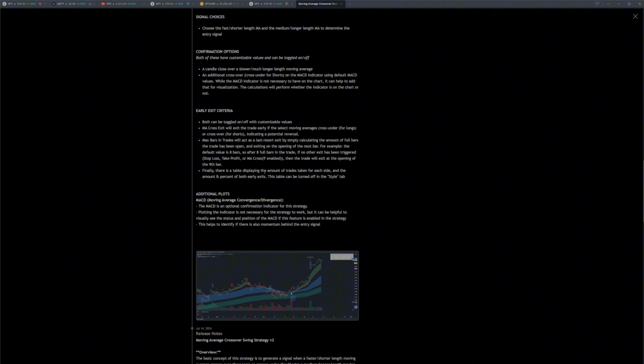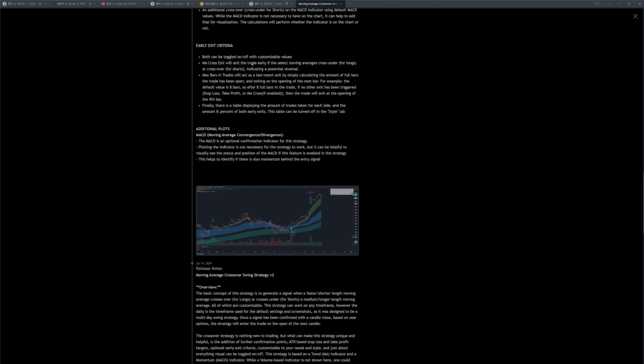But I am looking at trend. The strategy does capture trend and momentum with the MACD there. And the MACD, it's not necessary to have it on your chart, but it can help for the visualization aspects of it. Early exit criteria.